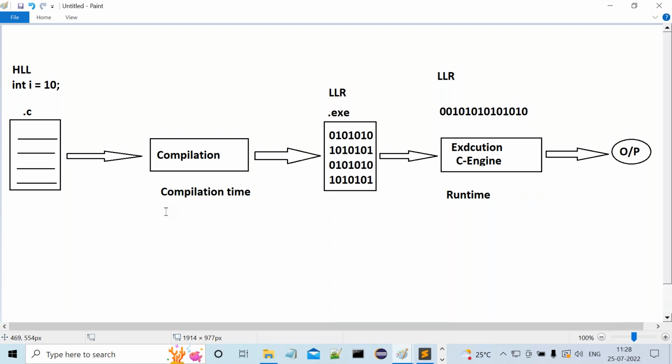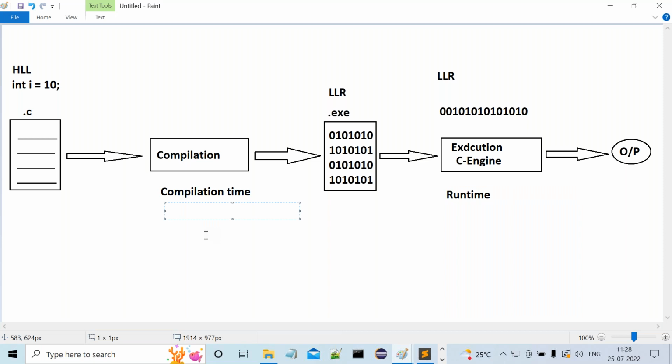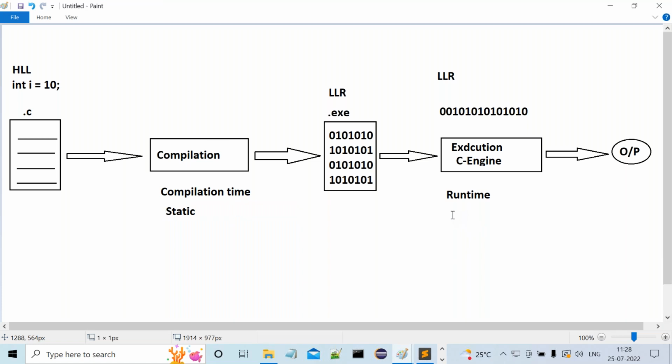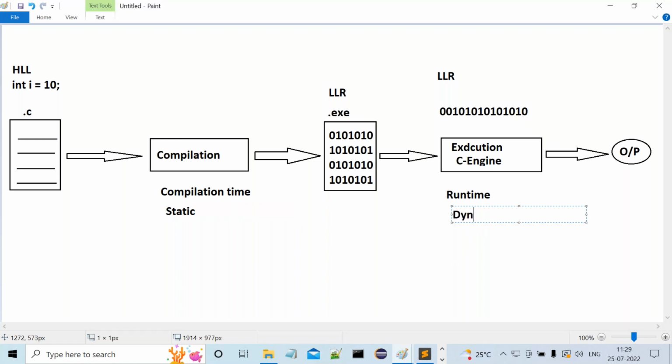Runtime. Compilation time is treated as static, and execution time, runtime, is treated as dynamic. Yes, sir. Are all of you getting my point or not?